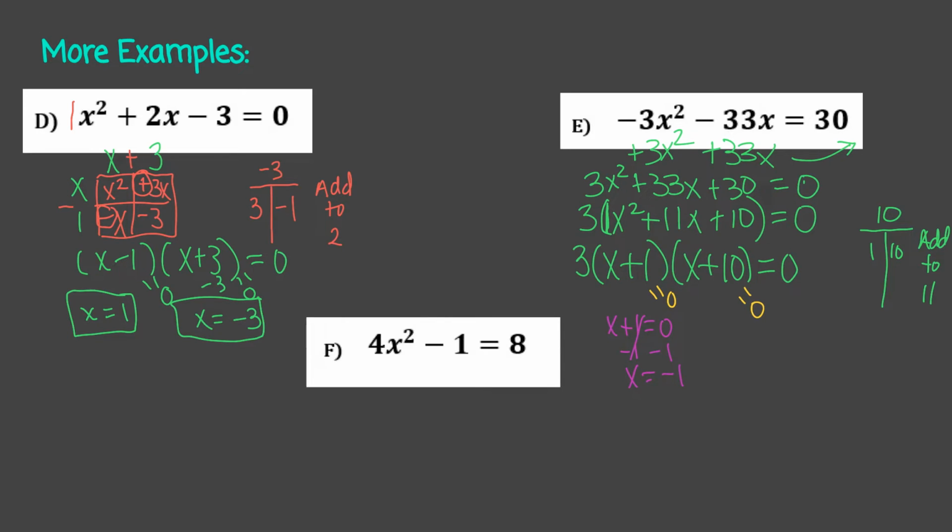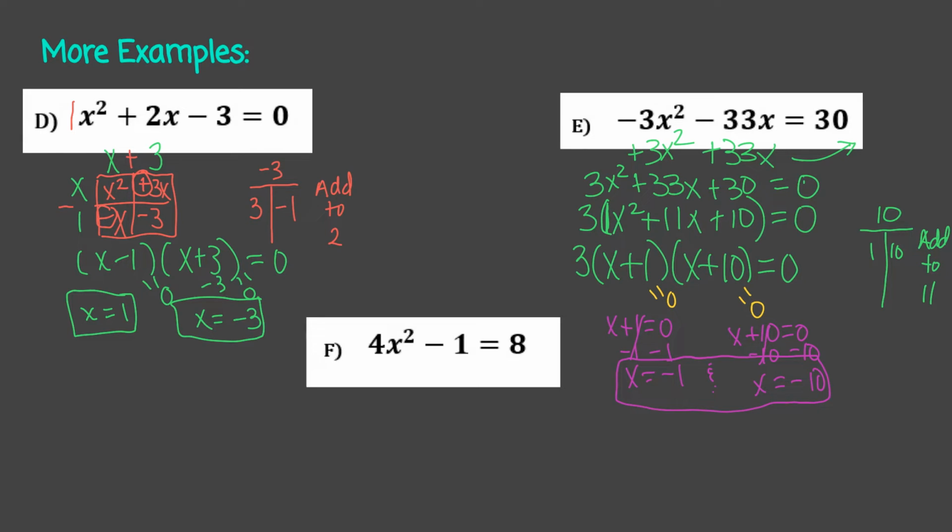And then if I subtract 10, so I've got x plus 10 equals 0, I would need to subtract 10, so x would equal -10. And those are your answers. All right, let's look at the next one.